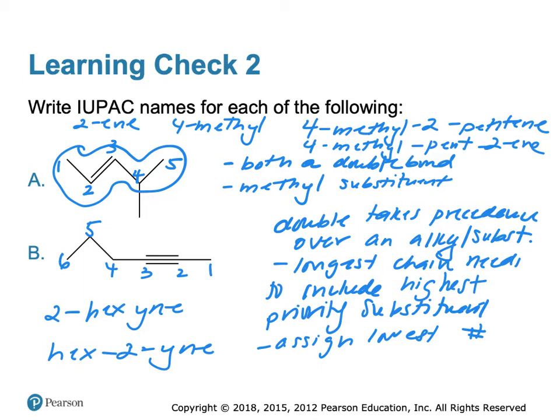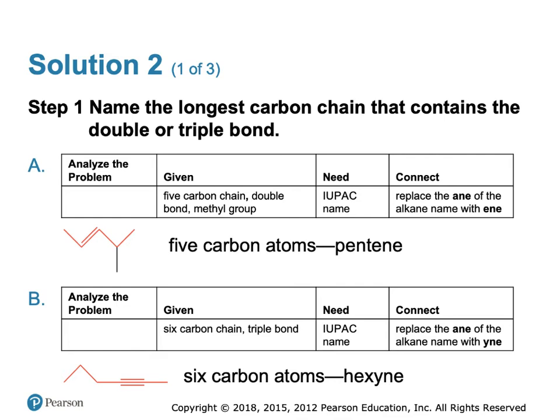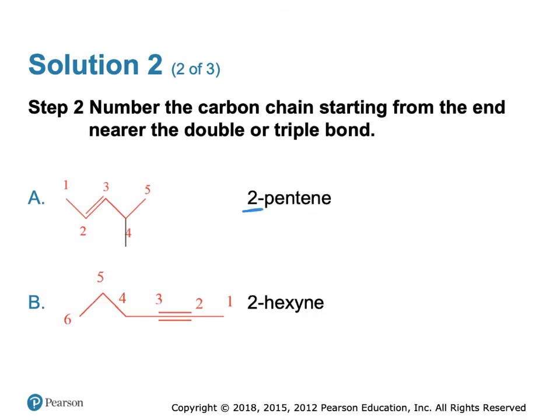The best way to get good at nomenclature problems is to practice them. So here, this is just laying out what I did for you in table format. You need to name the longest carbon chain that contains the double or triple bond. So we have a pentane, which we make a pentene. We have a hexane, and we make it hexyne. You designate the position of the unsaturation, either the double bond or the triple bond.